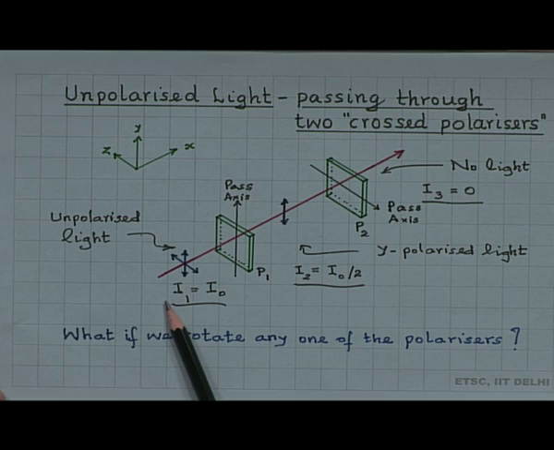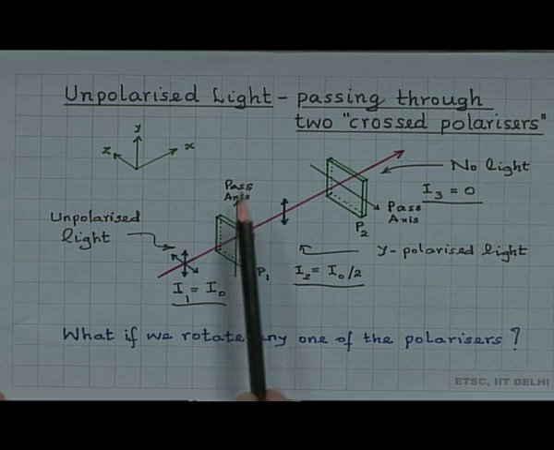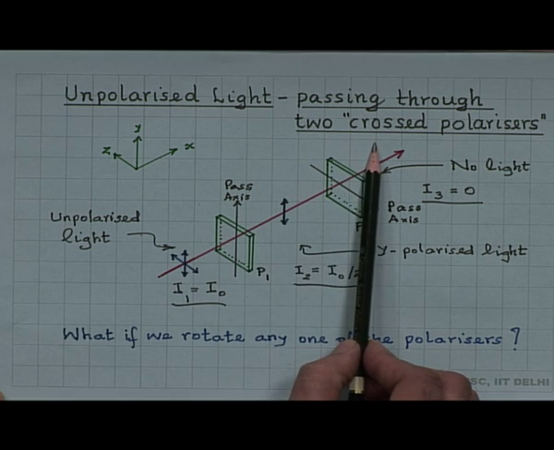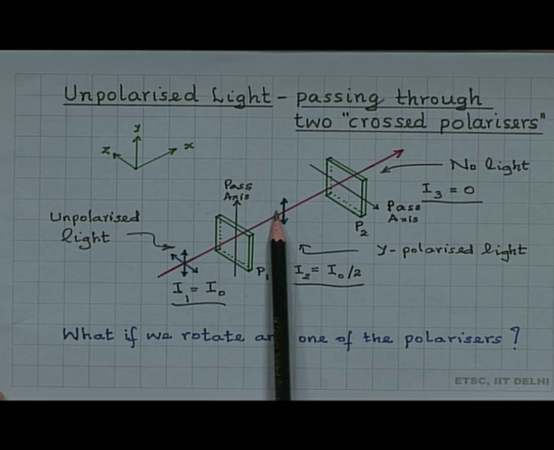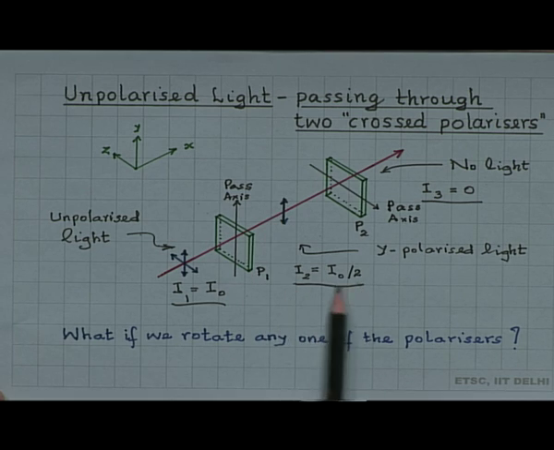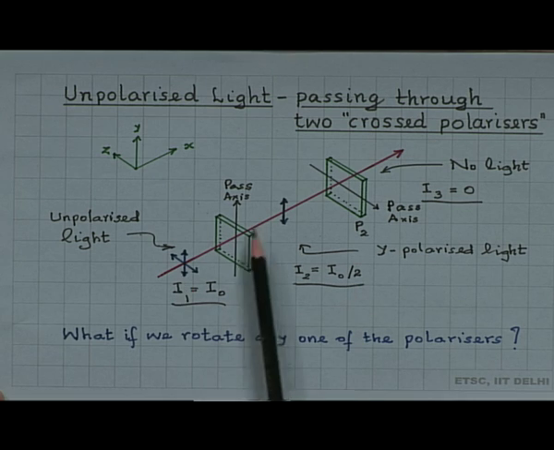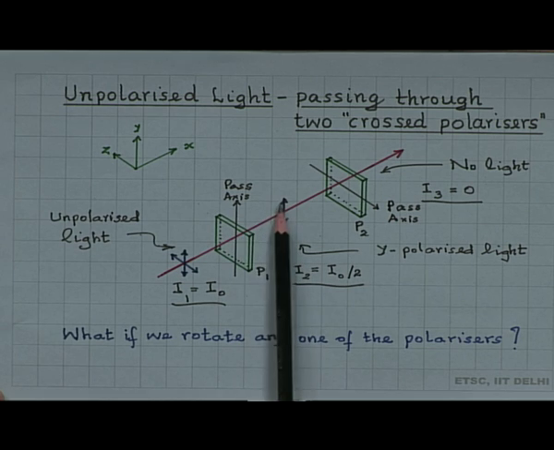If unpolarized light is incident at the input, then I 1 is equal to I 0. I 1 is here, I 2 is here, and I 3 is the intensity here. The intensity at the input is I 0, and after passing through the polarizer, the intensity will be I 0 by 2. We have already discussed that when unpolarized light passes through a polarizer, 50% of the intensity will be lost.